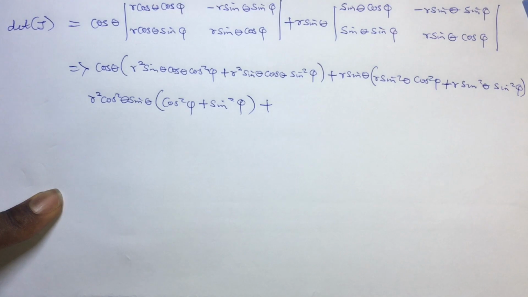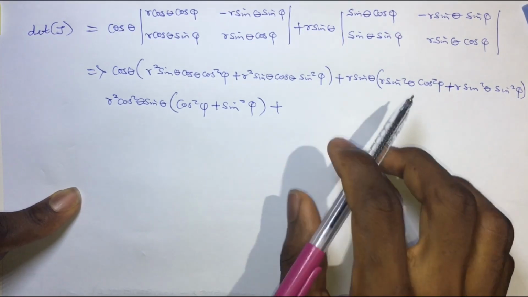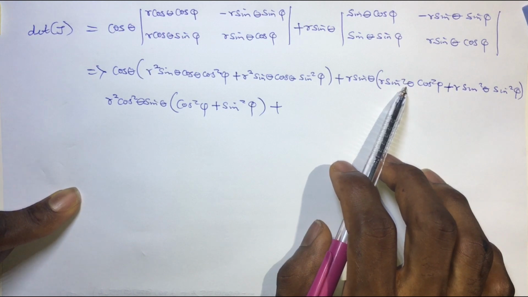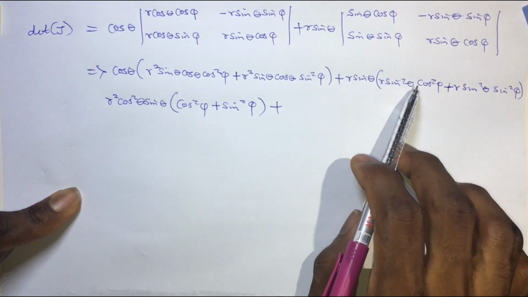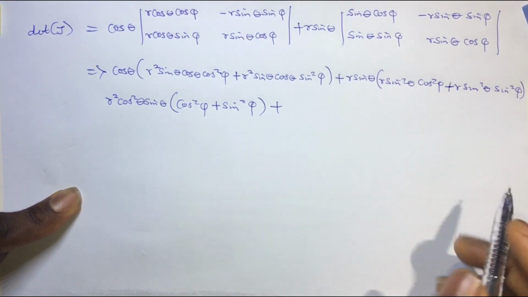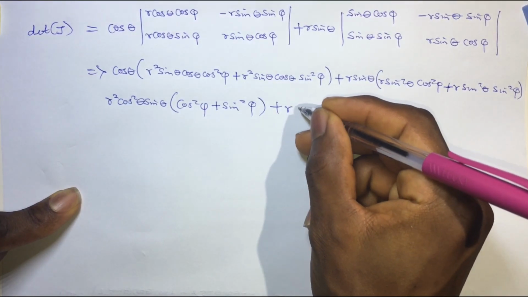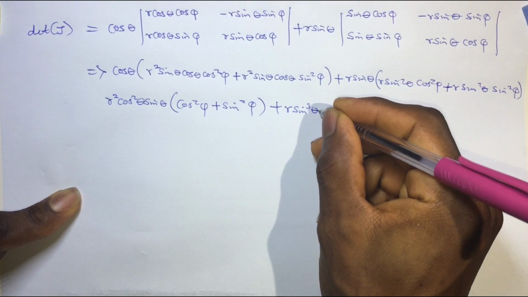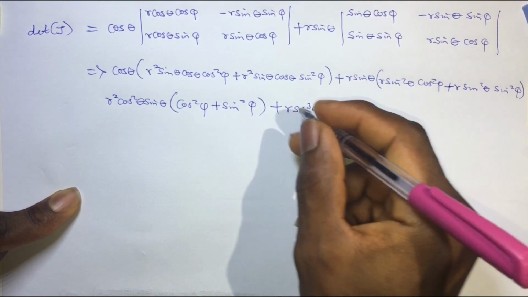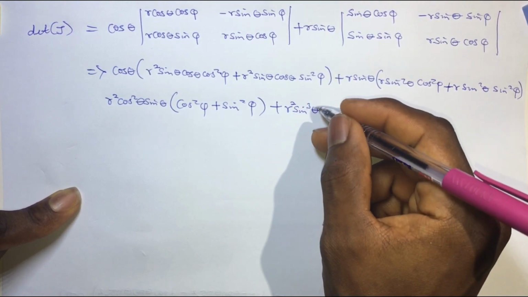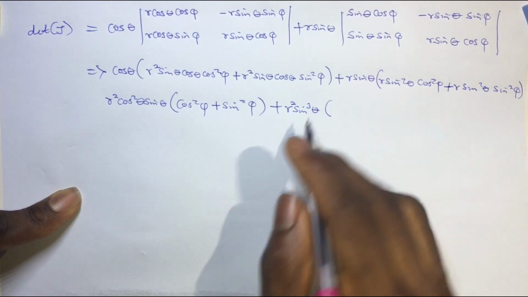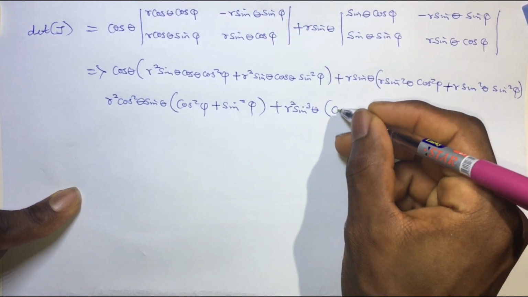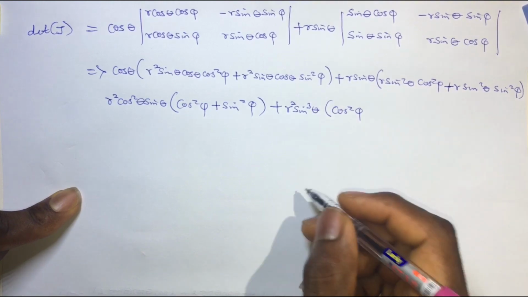Now moving on to this, I can factorize r sin squared theta here. So by factorizing r sin squared theta here, I have r squared sin cubed theta in the bracket of, now when you factorize this from this, we have left cos squared phi.